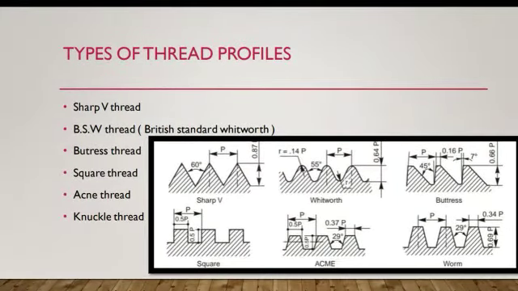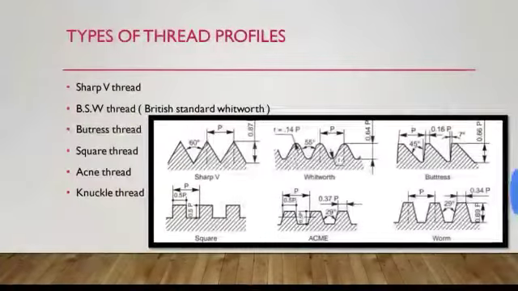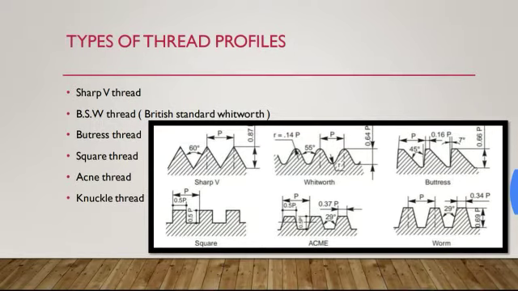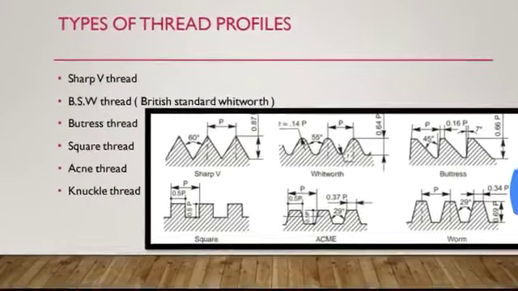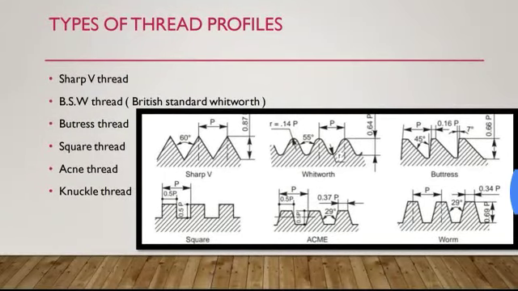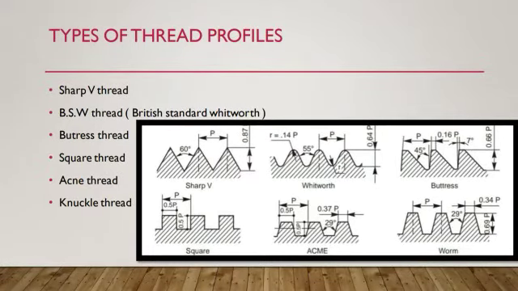Next, BSW thread, known as British Standard Whitworth thread. Third, buttress thread. Fourth, square thread. Fifth, Acme thread. Sixth, knuckle thread.